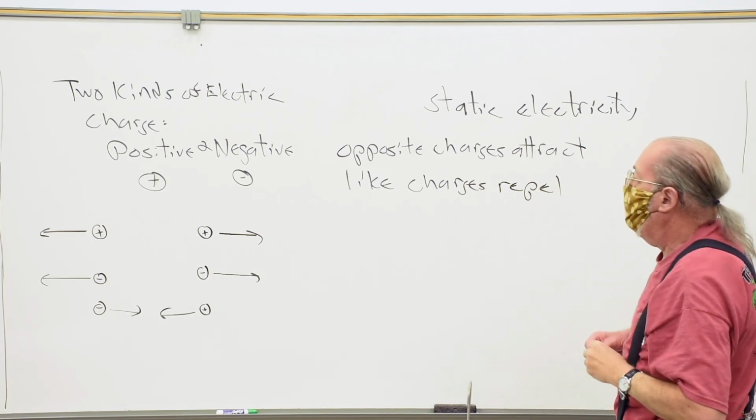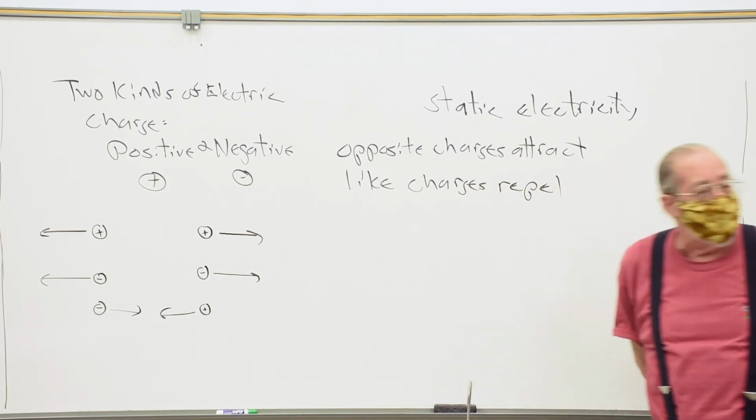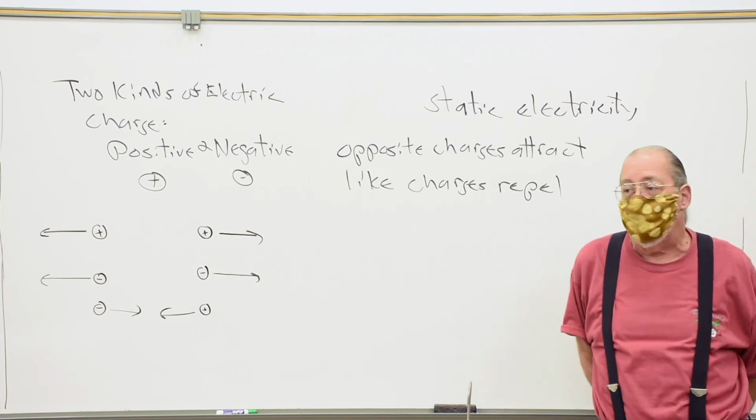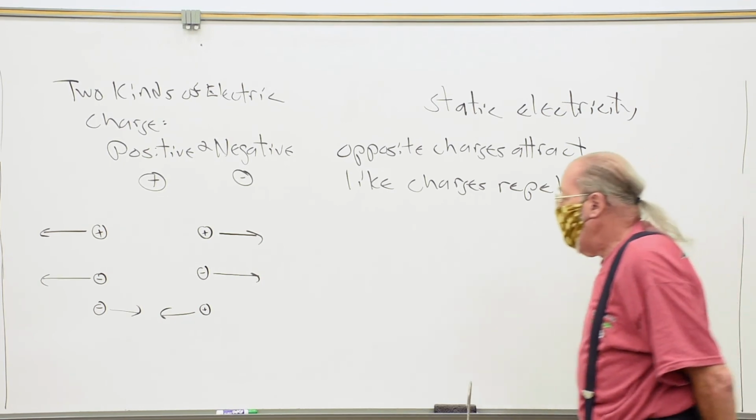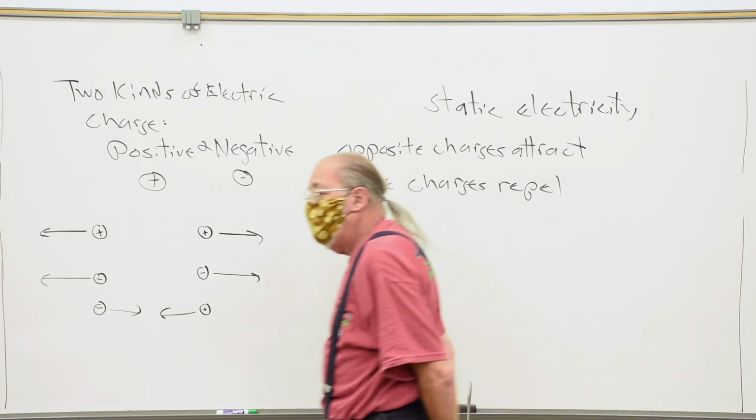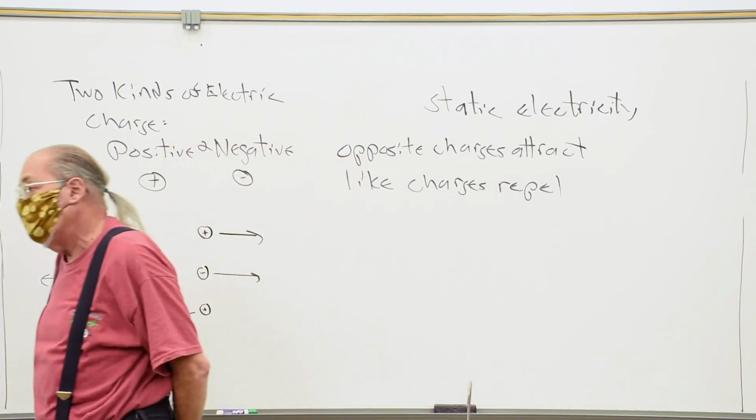Experiments have been done to see if there's a third kind of charge that behaves differently than this. But in all the experiments that have been done, only two types of charge have been found.